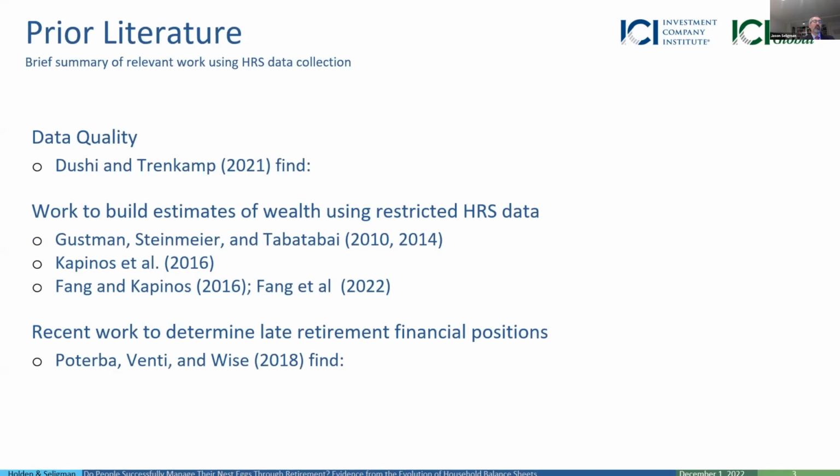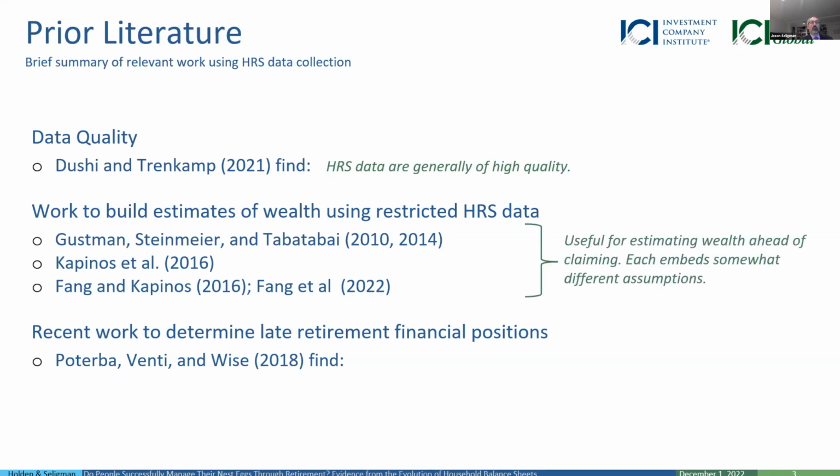Now, more on these data in terms of quality. Dushi and Trendkamp have found that the HRS data are generally of very high quality. And there has been prior work to build estimates of wealth using not only the public data that Sarah and I use, but restricted HRS data, which are very appealing conceptually to work with. There are some limitations, however. These are useful for estimating wealth ahead of claiming.